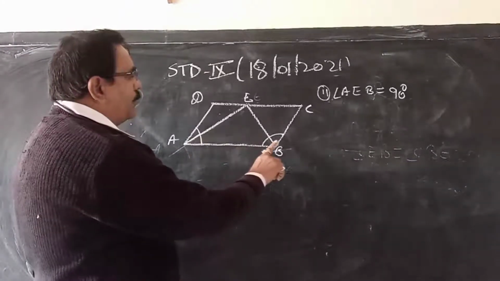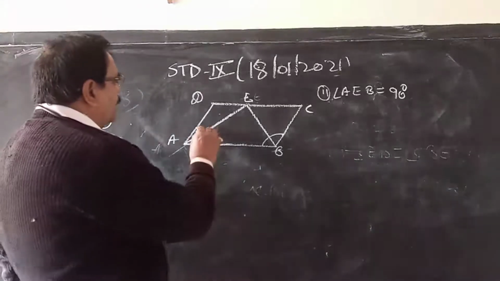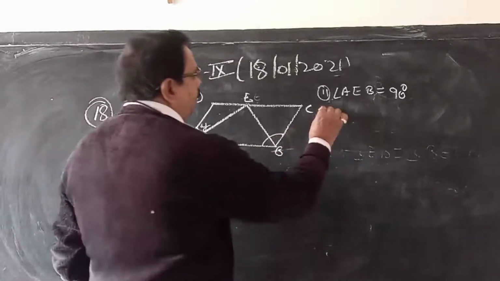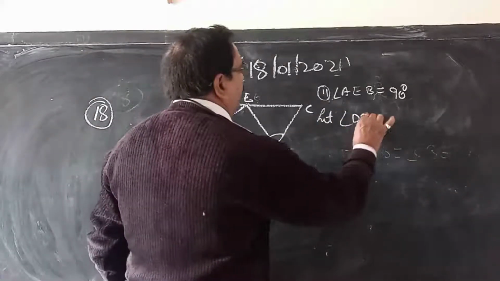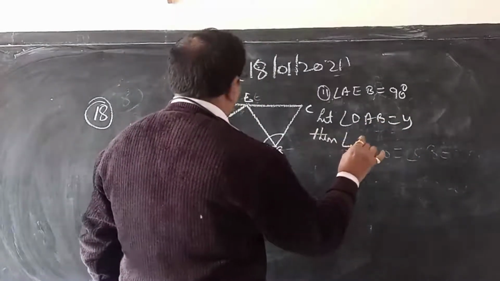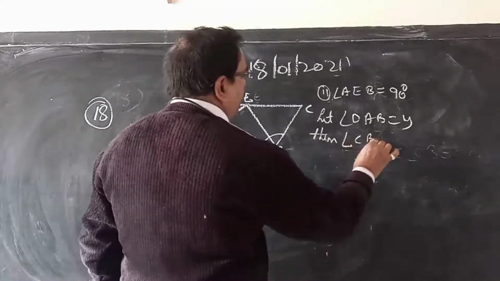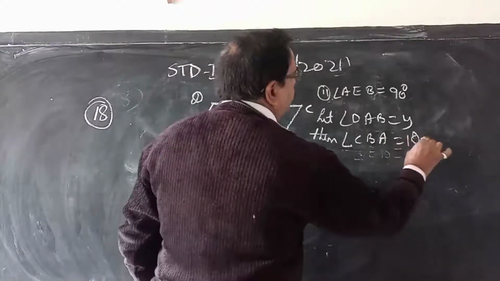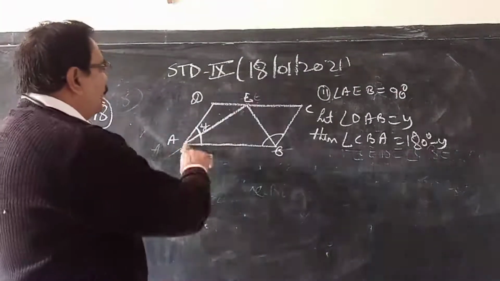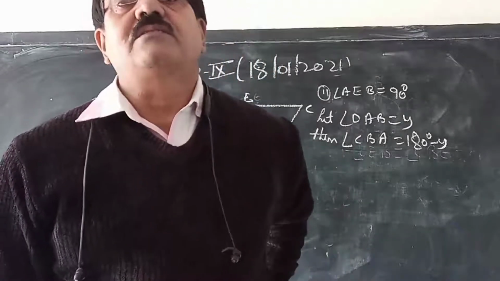The magnitude of these angles is not given, so let angle DAB be equal to y, then angle CBA is equal to 180 degrees minus y.